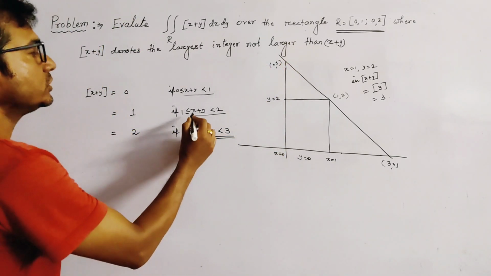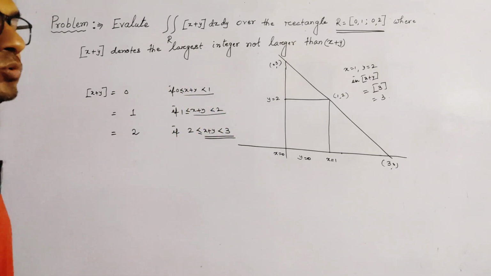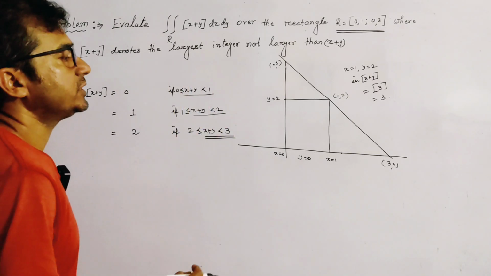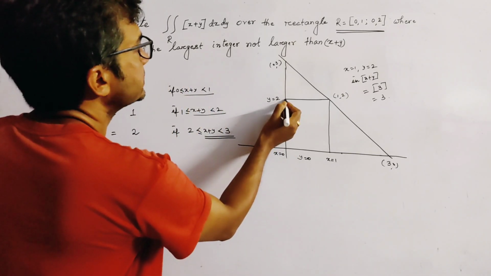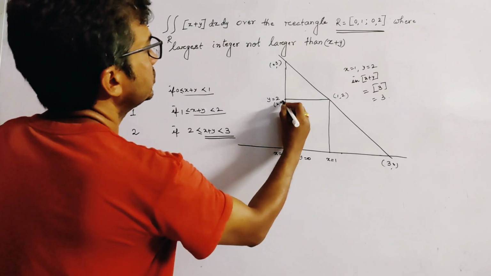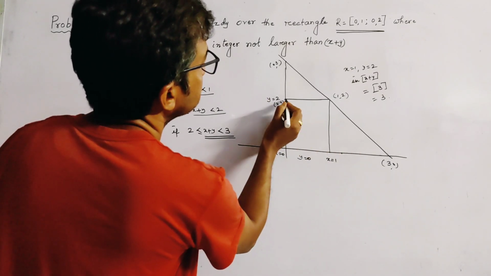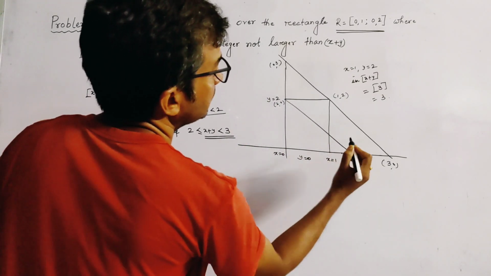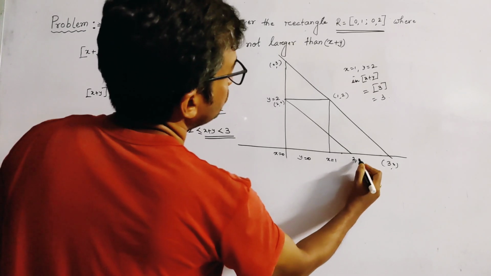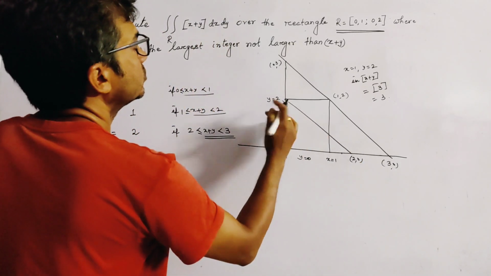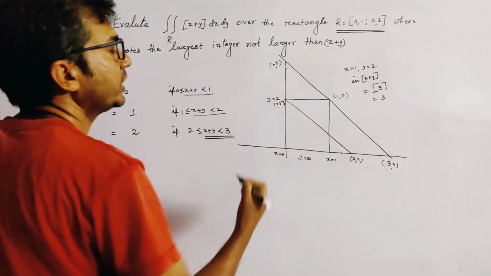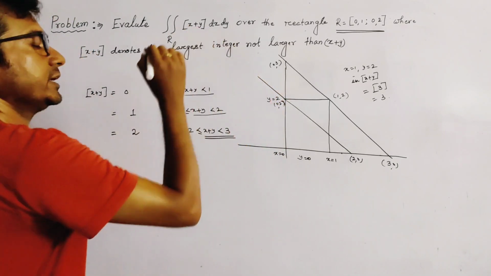And now we draw the line x plus y equal to 2. This passes through (2, 0), and this is (0, 2), and this is the second line.